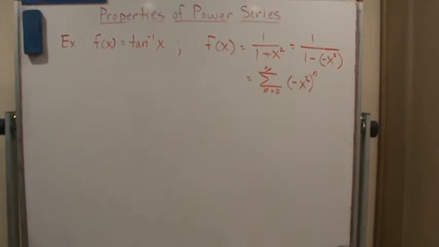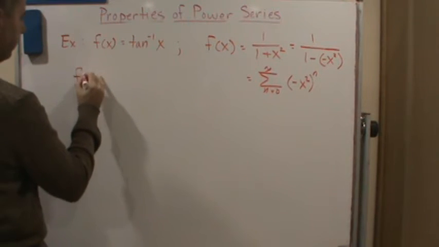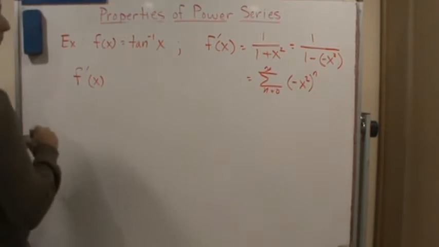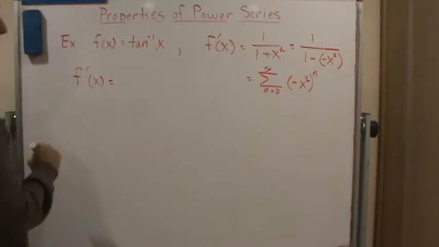And so what does this give us? That means that f prime of x, oops, should be a prime. So f prime of x is equal to what?